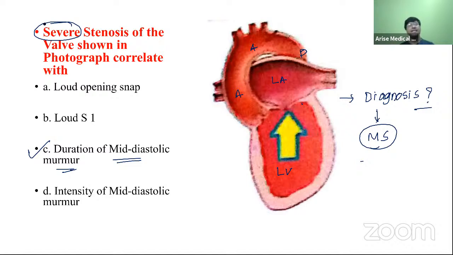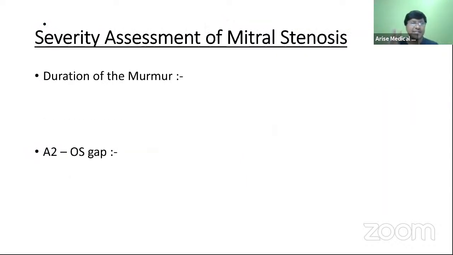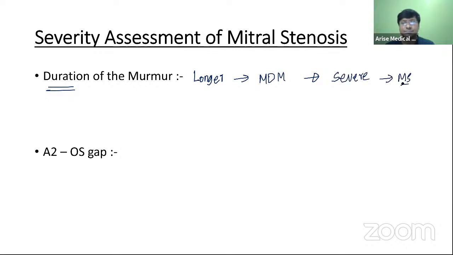In mitral stenosis, there are two things which will assess the severity. Number one, the duration of the murmur: the longer the mid-diastolic murmur, the more severe is your mitral stenosis.